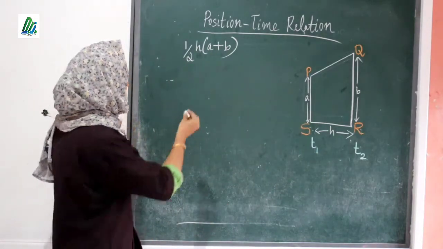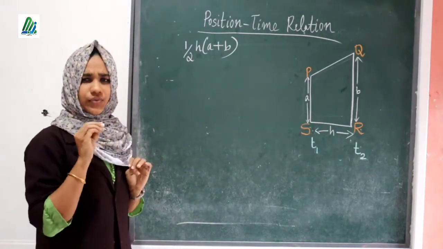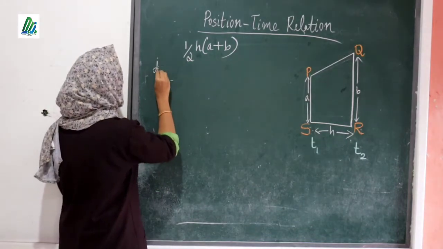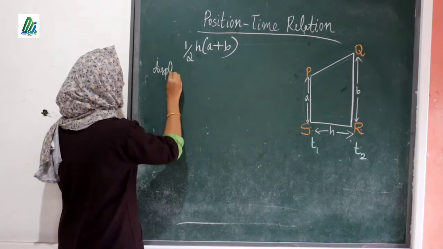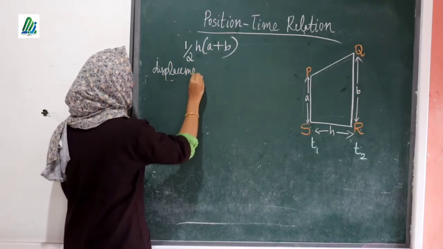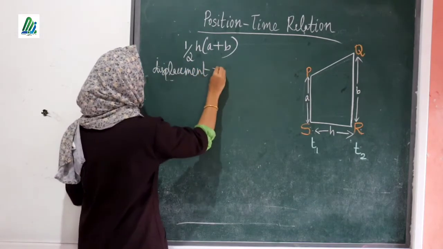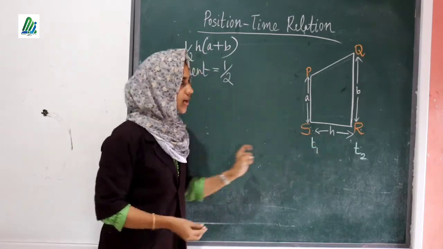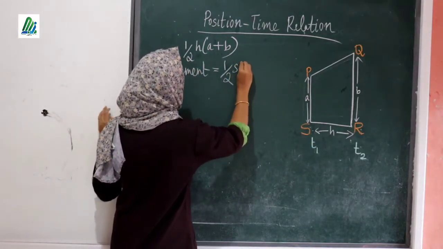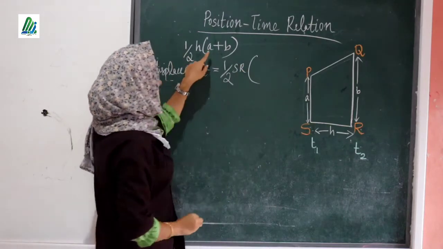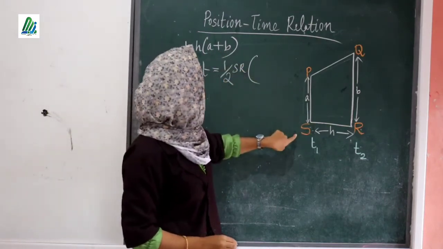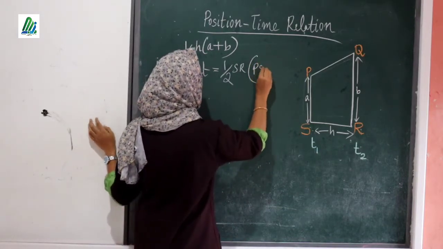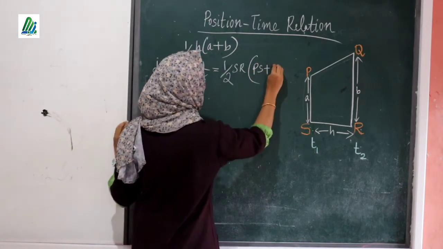So the displacement is equal to half into SR into (PS plus QR). Is it clear?